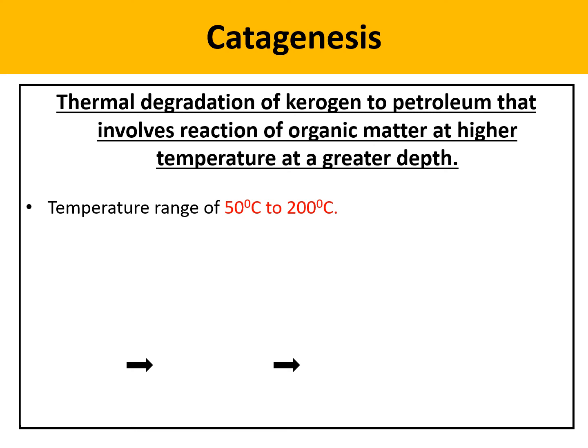Basically, there would be a pronounced increase in temperature from 50 to 200 degrees Celsius, in which this stage will cause the kerogen to thermally decompose to bitumen, oil, condensate, and gas.